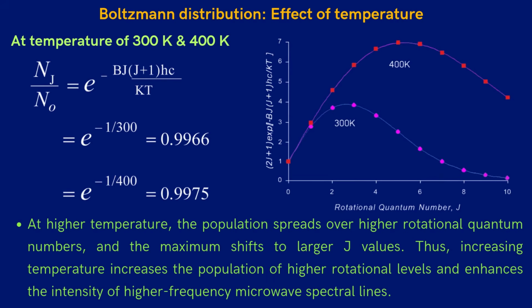The graph on the right compares population distributions at 300 K and 400 K. At higher temperature, the population spreads over higher rotational quantum numbers, and the maximum shifts to larger values. Thus, increasing temperature increases the population of higher rotational levels and enhances the intensity of higher frequency microwave spectral lines.